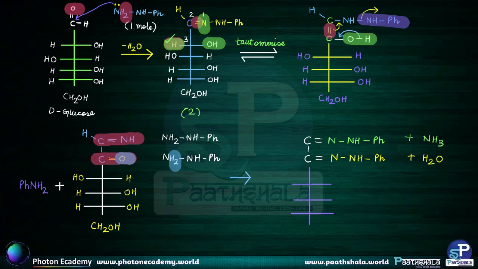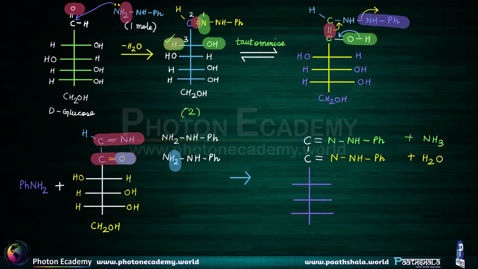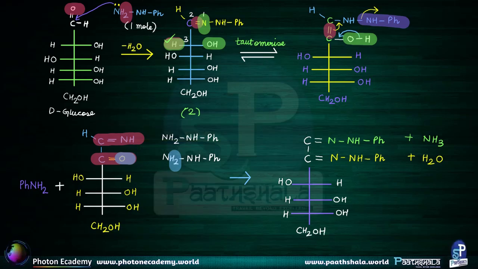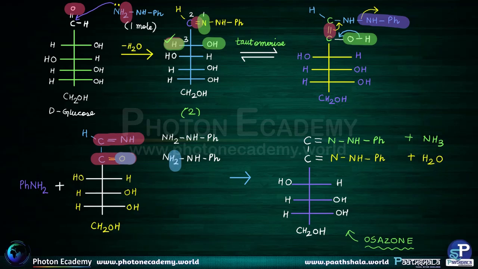The rest of the molecule remains exactly the same, that is HOH, OH, and CH2OH. So now this end product which we got here is nothing but osazone. This is the mechanism of getting osazone from D-glucose, which we initially had over here. We had D-glucose and now we got an osazone.